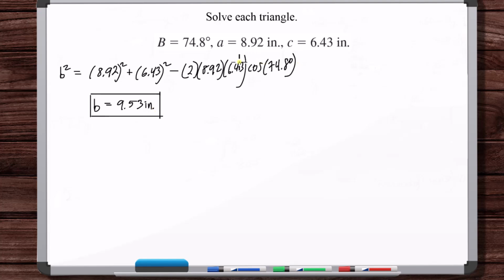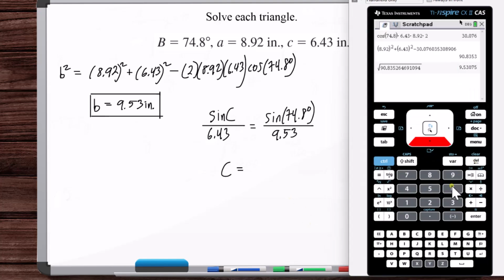Okay, what's the shortest remaining side length? That's side length C, so let's solve for angle C. So sine of 74.8 degrees over 9.53. So angle C is 6.43 times sine of 74.8 divided by 9.53.